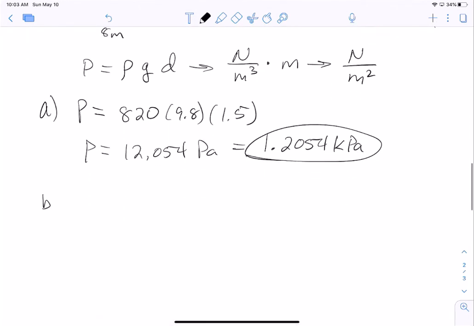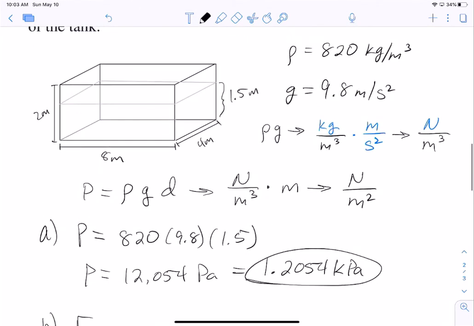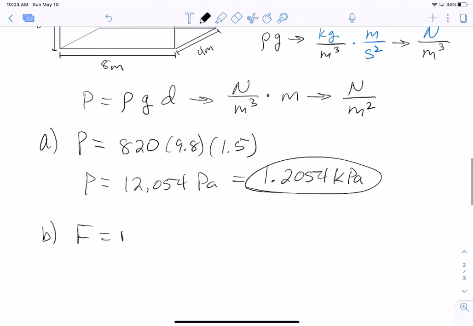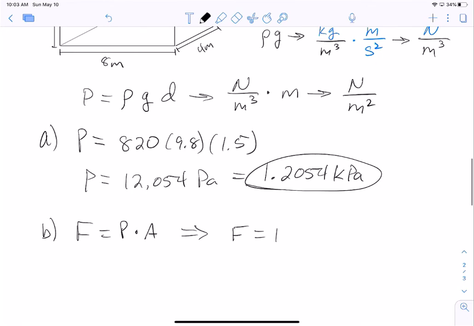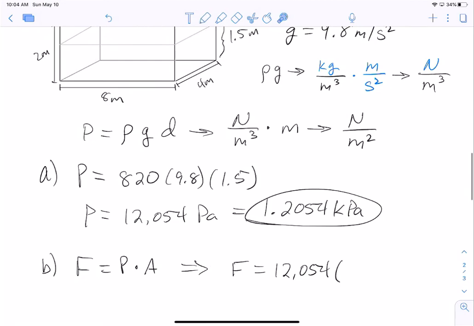For part B, as far as the force on the bottom of the tank, force is going to be pressure times area. And so here we've got that the force is equal to the pressure, and we're going to use the 12,054 times the area, and the area is referring to the area on the bottom of the tank.